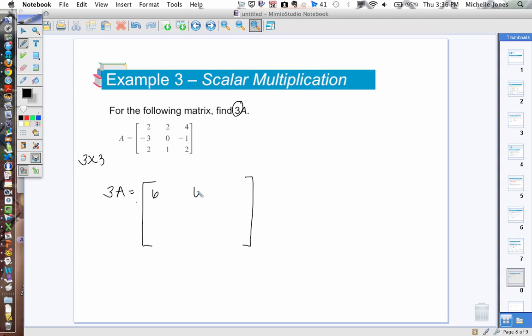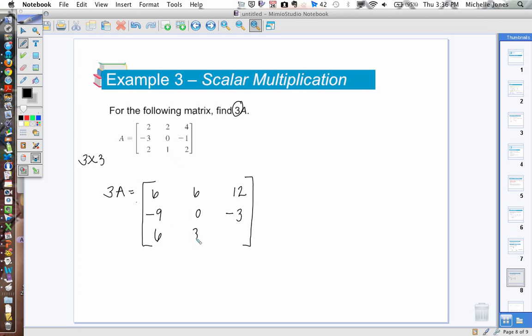So 3 times 2 is 6. 3 times 2 is 6. 3 times 4 is 12. So that takes care of my first row. 3 times -3, -9. 3 times 0, 0. 3 times -1, -3.